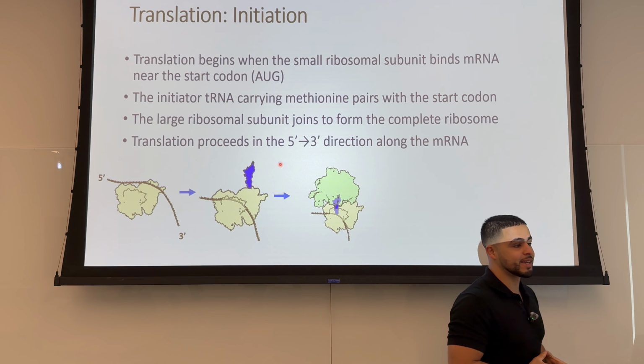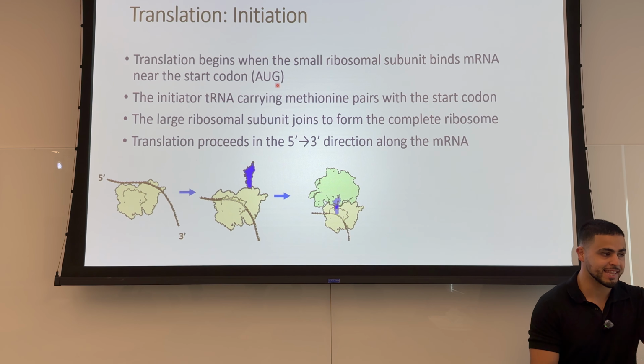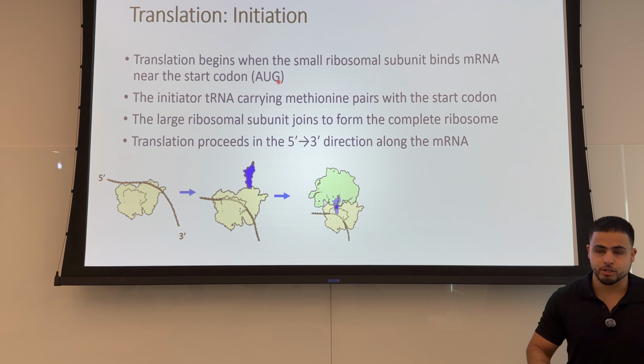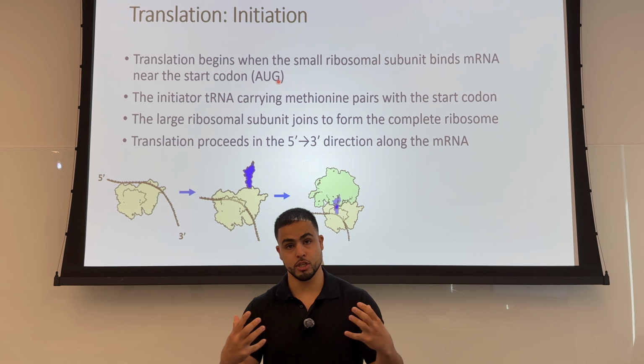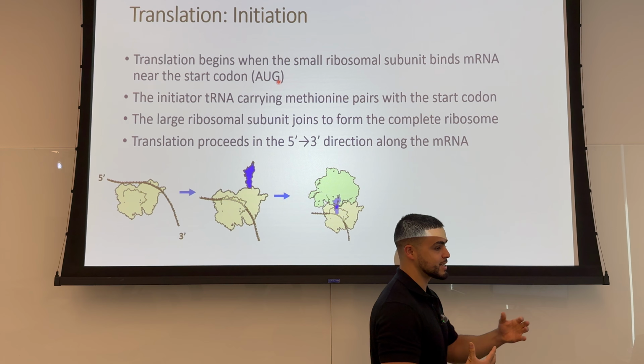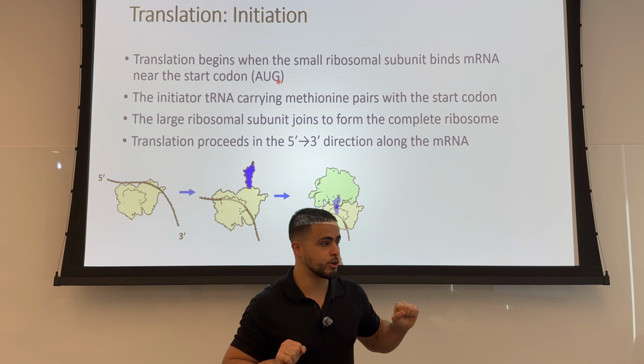So translation will begin at the AUG start codon. So memorize that that is the start codon. However, in order for translation to occur, you first need to join the 2 ribosomal subunits with one another, because initially in the cell, they're dissociated, so they're each separate from one another.